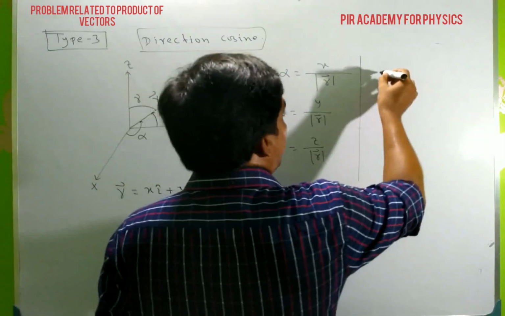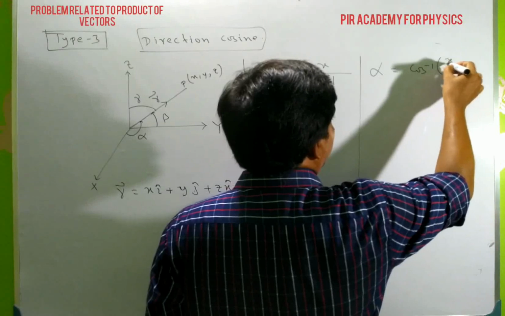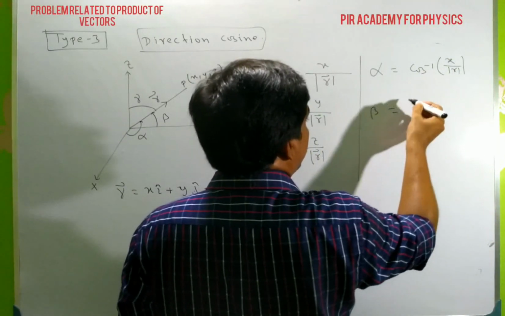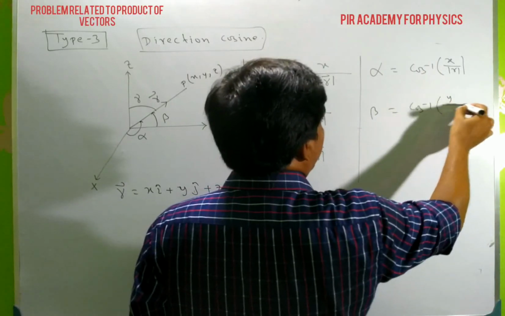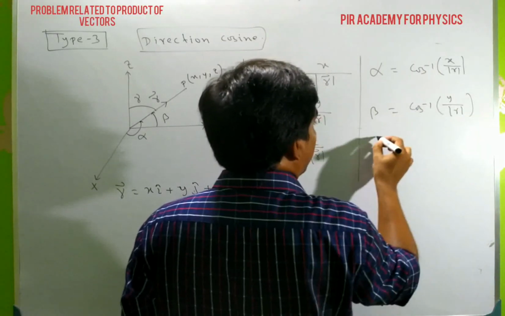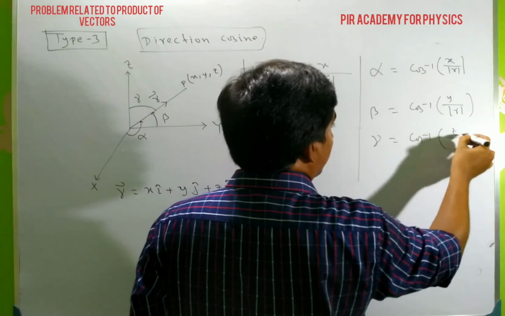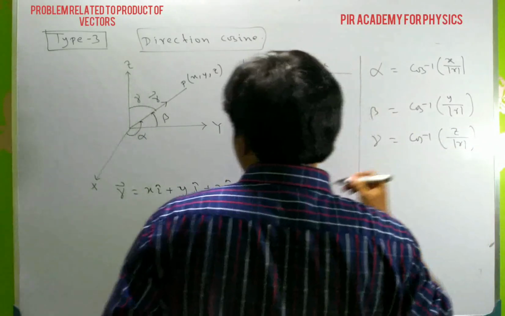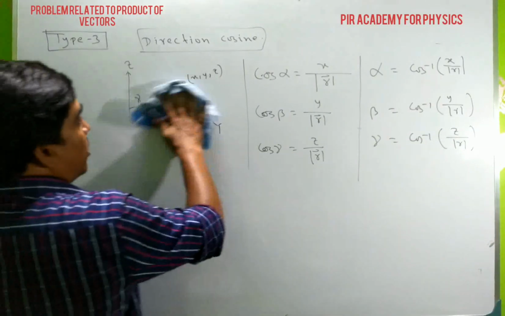That means alpha can be written as cos inverse x by magnitude of r, and beta can be written as cos inverse y by magnitude of r, and gamma can be written as cos inverse z by magnitude of r. And these two types of problem can be calculated.